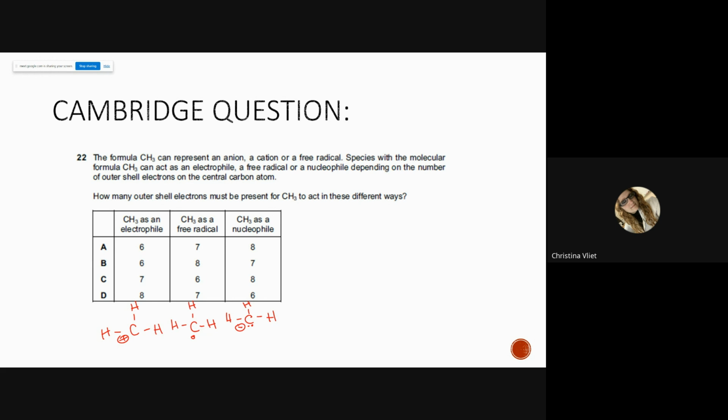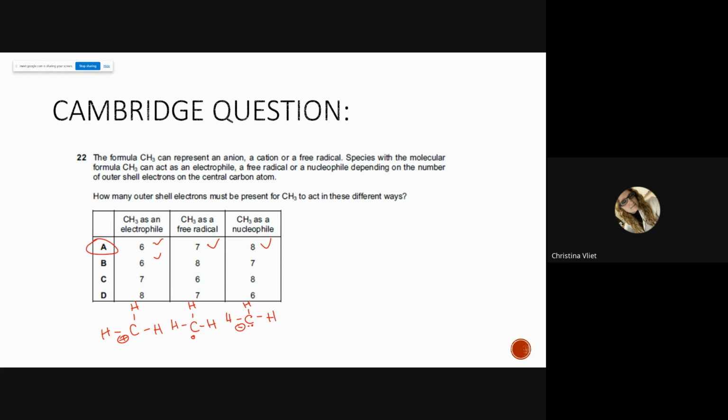Every bond stands for how many electrons? 2, 4, 6. Free radical has how many? 7. Odd number, right? It's 6, 7. And then the nucleophile would have an extra one, right? So 8. Does that kind of make sense?